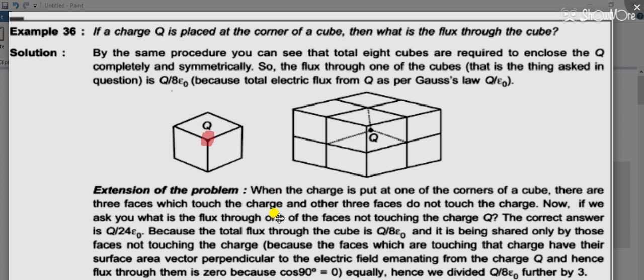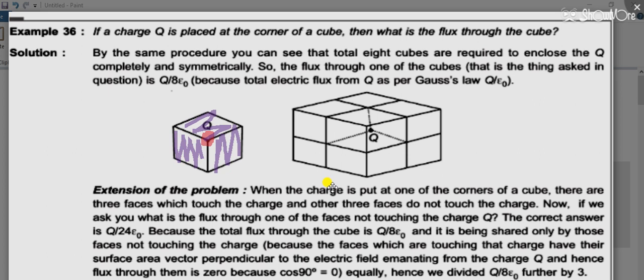So when the charge is placed at the edge, now you can see the concept: which faces are touching this charge: upward face, this face, and this face. So 3 faces are touching now with this charge.